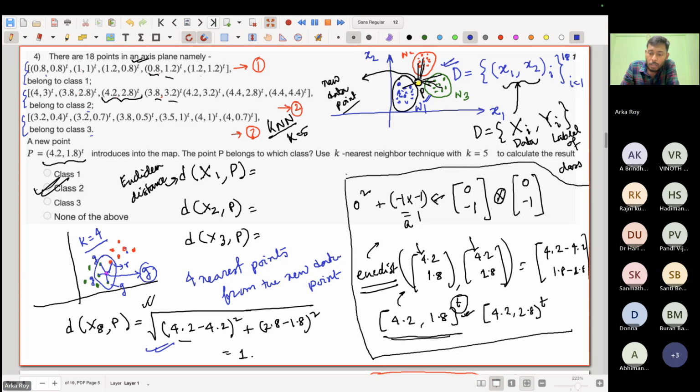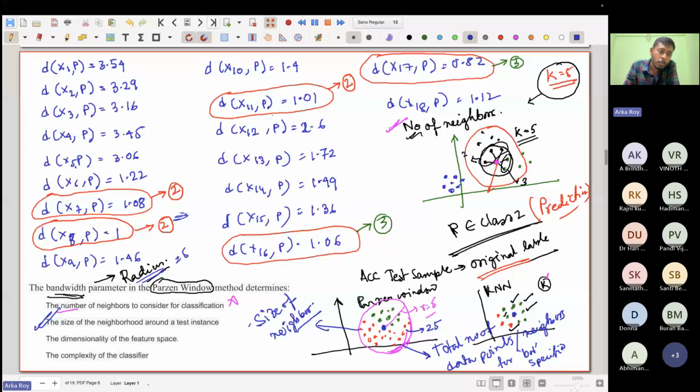data points. So you can consider that for just solving this particular small problem where we had only 18 data points, I have to calculate this Euclidean distance for 18 data points, and I have to allocate a memory for each of the distance values, because I have to memorize all these distance values. Then only I will be able to gather the lowest 5 distance values, because I have written k equal to 5.